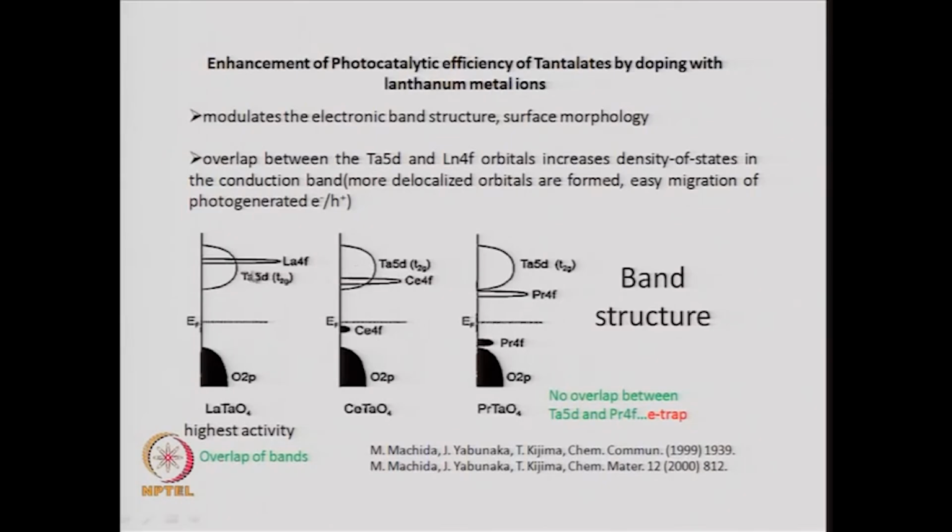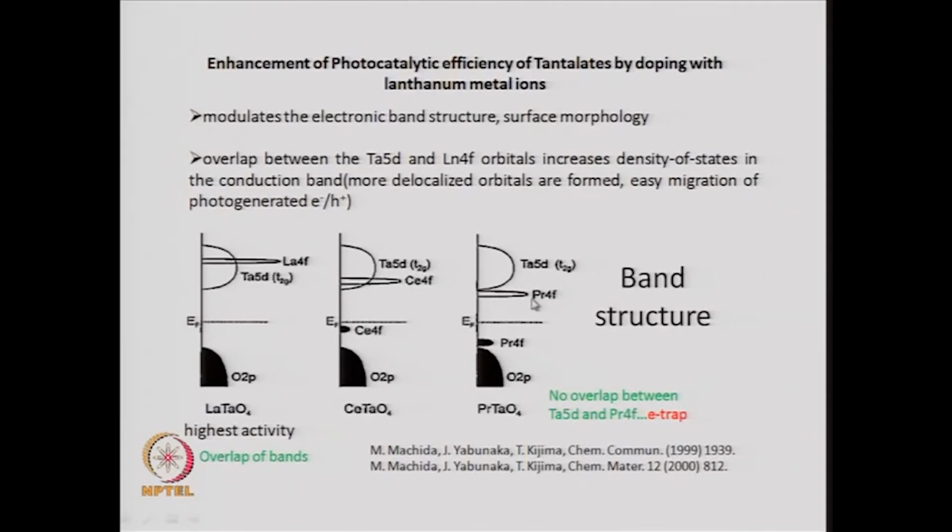Now, here you see that this narrow band has shifted down. This is the case of cerium, and so it will have moderate efficiency, whereas in the praseodymium compound, the narrow band corresponding to the praseodymium 4f orbitals is much lower and has no overlap with the tantalum 5d orbitals which are contained in this band.